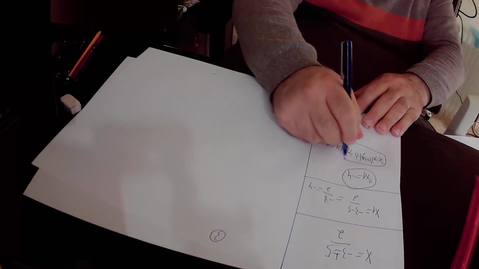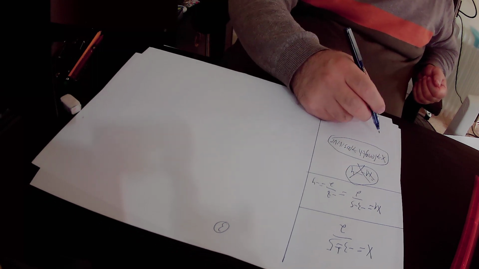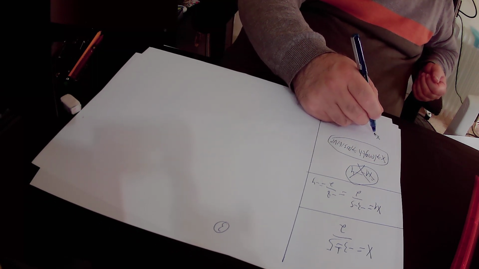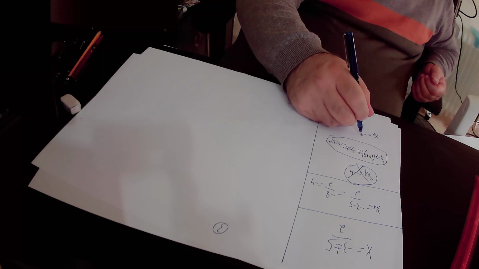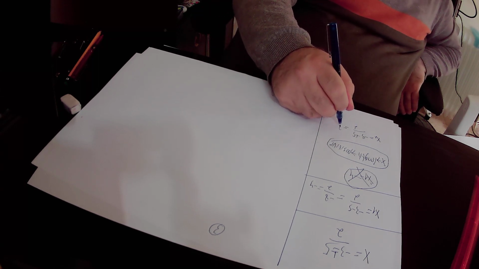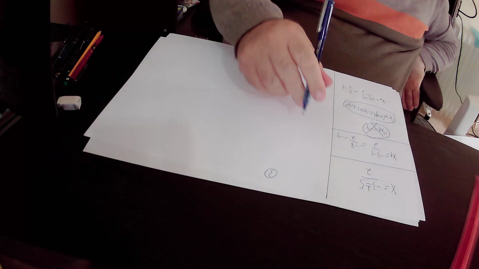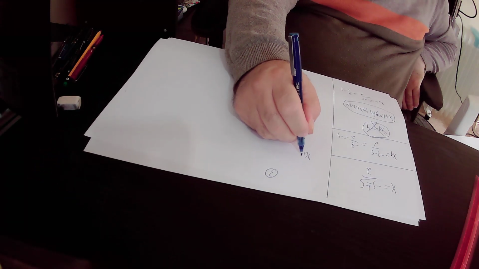So we cancel this solution, and we are left only with the second solution, x2 equals minus 3 plus 5 over 2. Minus 3 plus 5 is 2, and 2 over 2 is 1. So x2 equals 1.